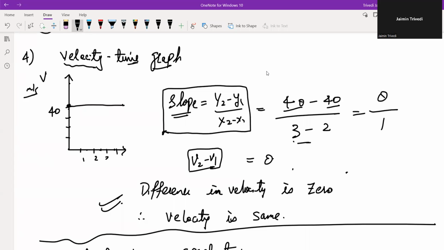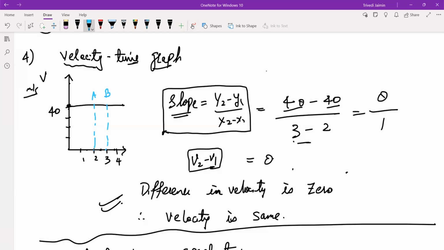So if I take these 2 points, let's take point A, point B. B coordinates are 3, 40. A coordinates are 2, 40. So this is x2 as 3, x1 as 2.